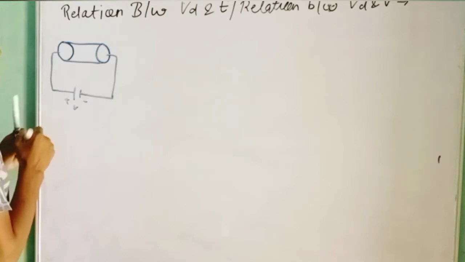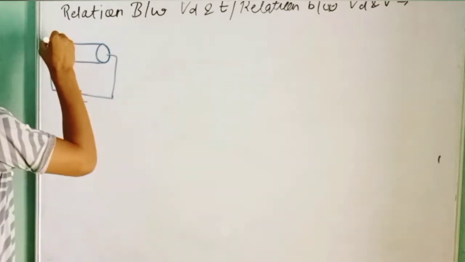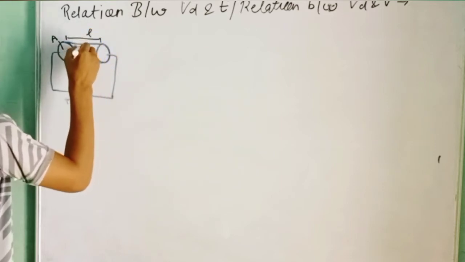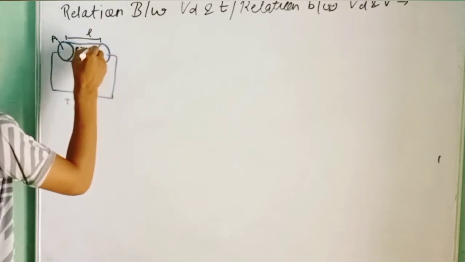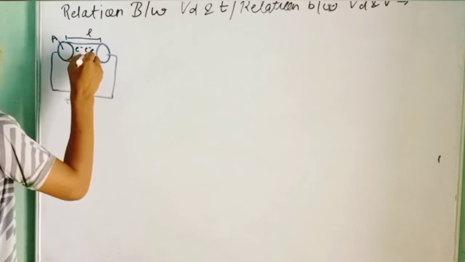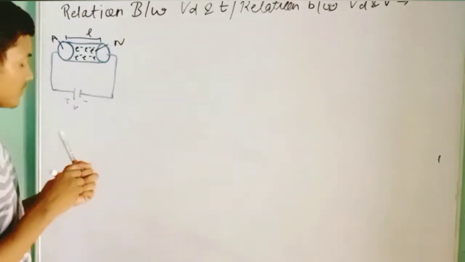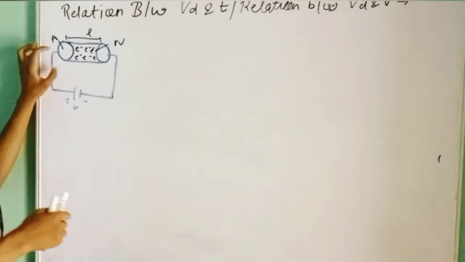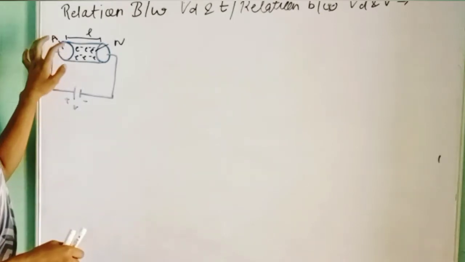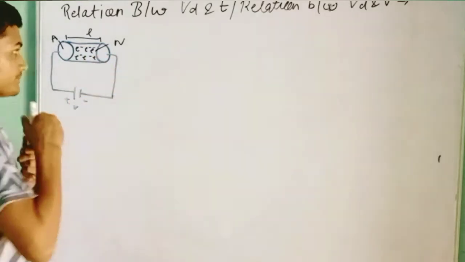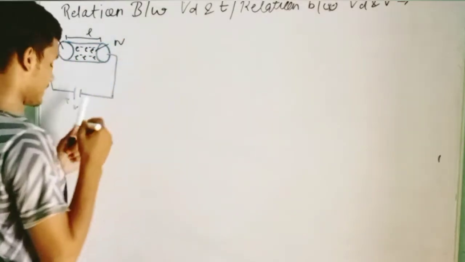We assume that the cross section area is A, the length of the wire is L, and the number of electrons in this wire is N.